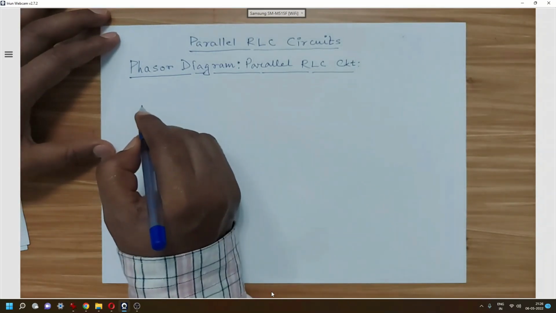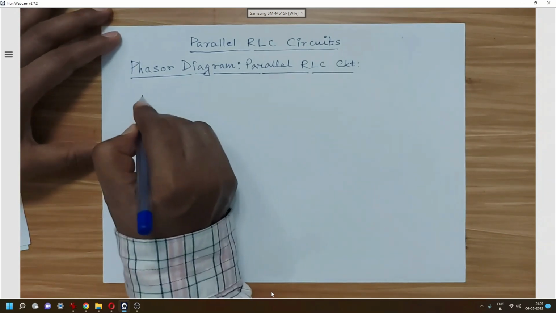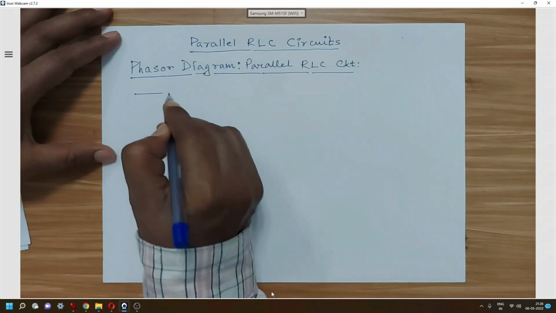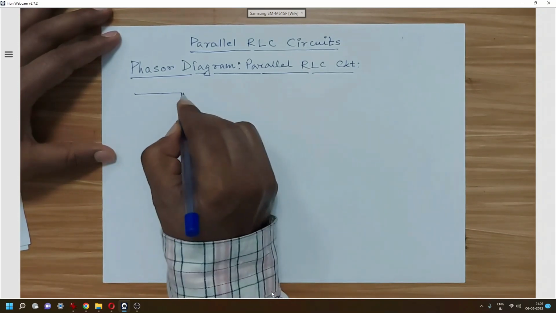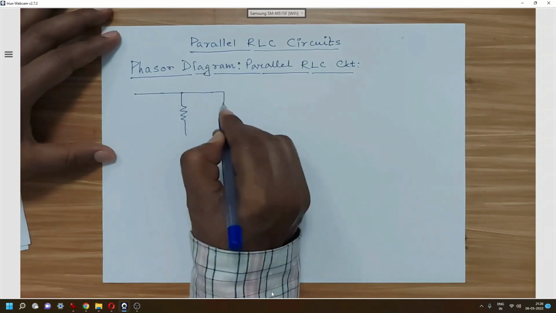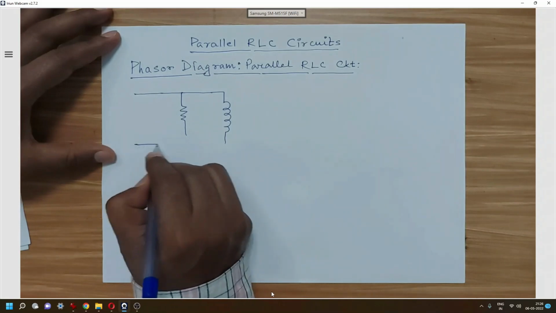So before going to the three element parallel circuit, it is better to understand the two element circuit, and let us draw the Phasor diagram of the parallel circuit containing two elements.